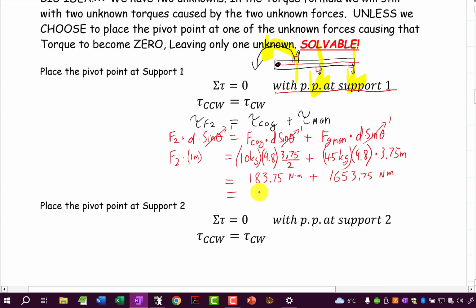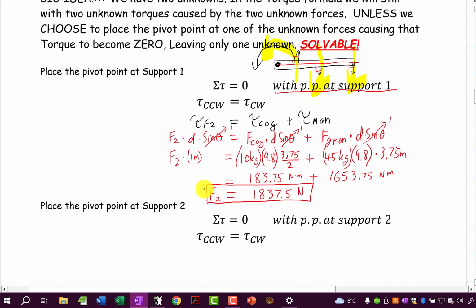So when you add those up, you get 1,837.5 newtons. And that is what F2 is equal to, because I have to divide it by the 1.